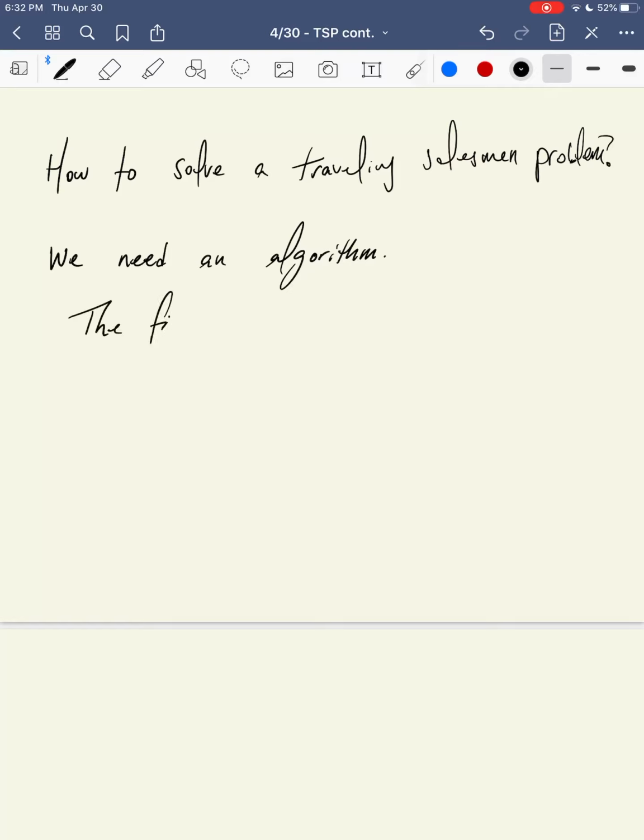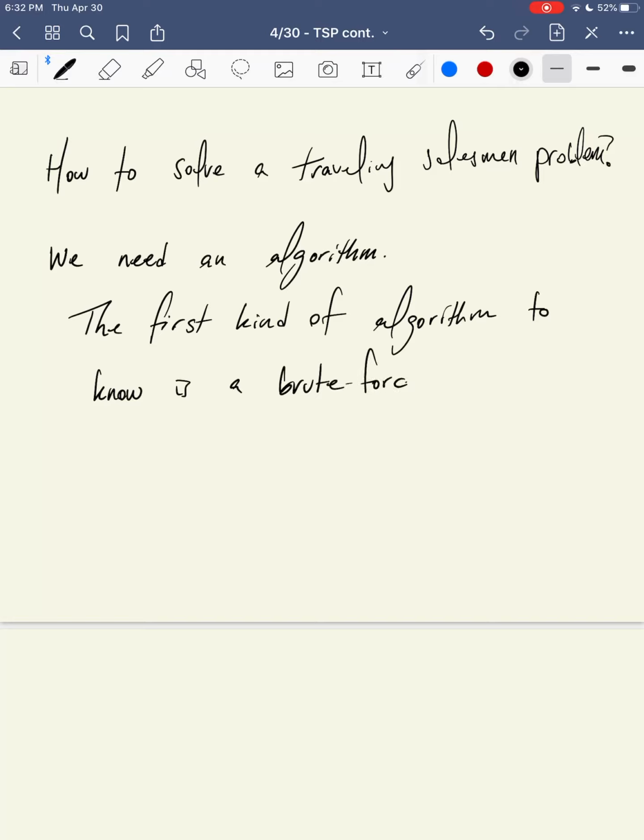The first kind of algorithm to know is a brute force algorithm.